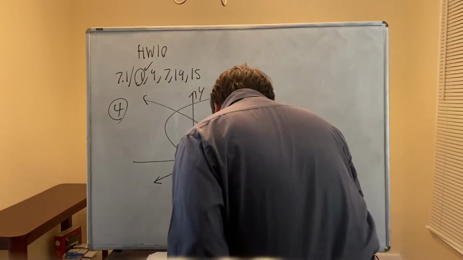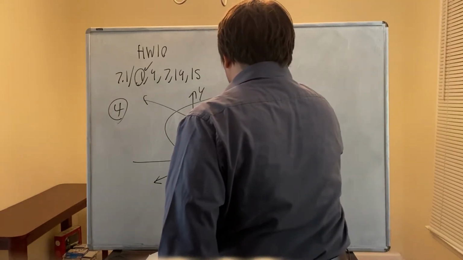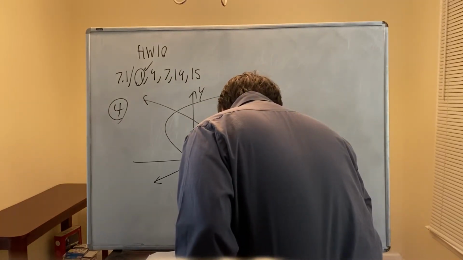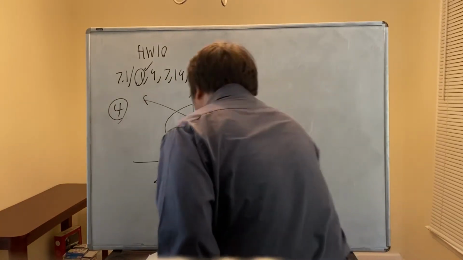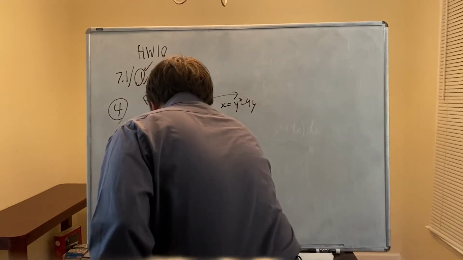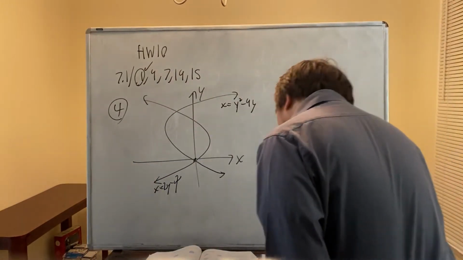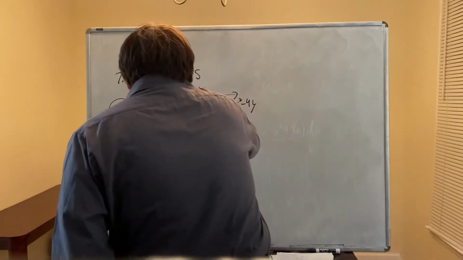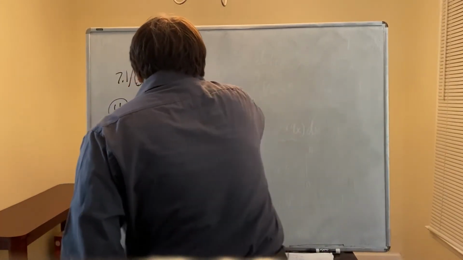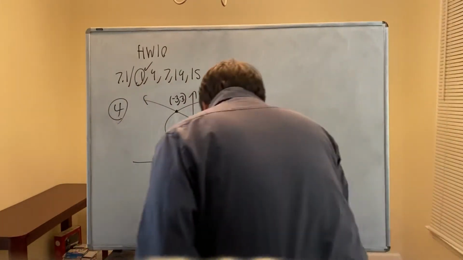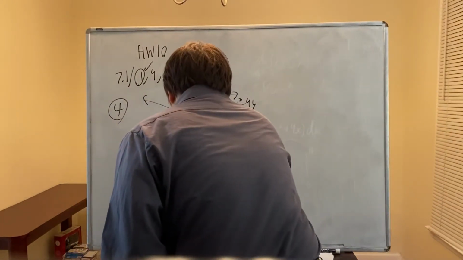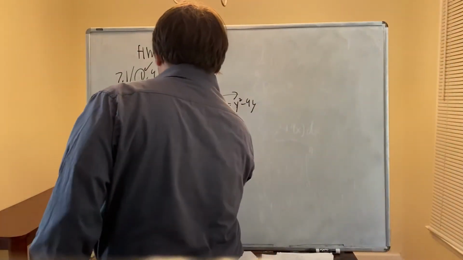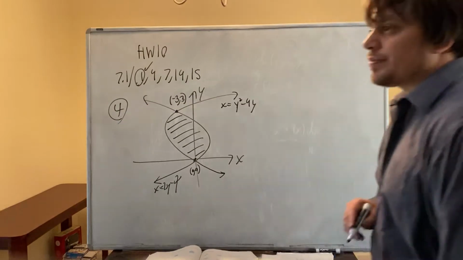So you have x equals y squared minus 4y, and x equals 2y minus y squared. Okay, good. We have those two functions there, and we have the intersection point at negative 3, 3. Okay, so there's our intersection point, and this intersection point is the origin. Okay, and a picture. So you want to find the area of the shaded region, which is this region here.